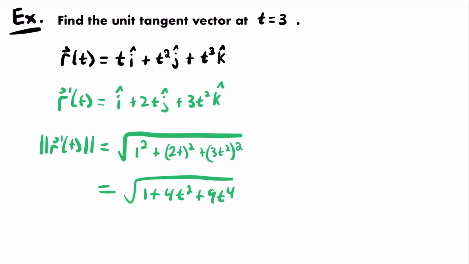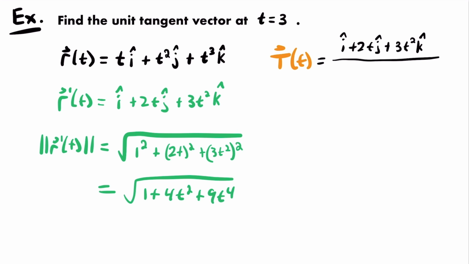All right, and then putting those two things together, we can find the unit tangent vector for this vector function. And then once we have that, we can evaluate it at t equals 3. So capital T of t is equal to i plus 2t times j plus 3t squared times k divided by its magnitude, which is the square root of 1 plus 4t squared plus 9t to the power of 4.